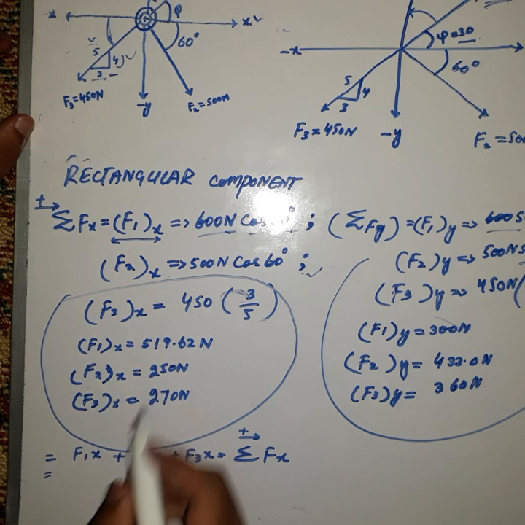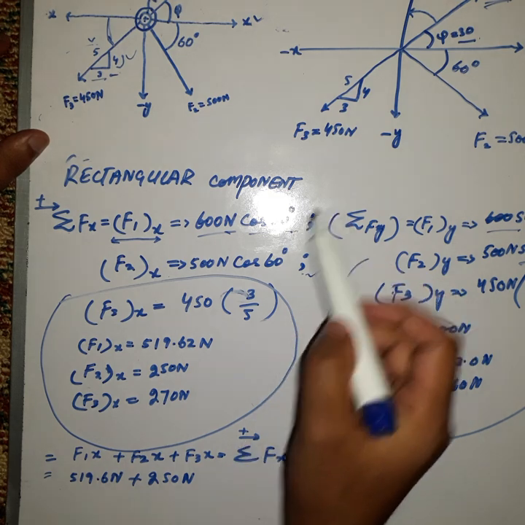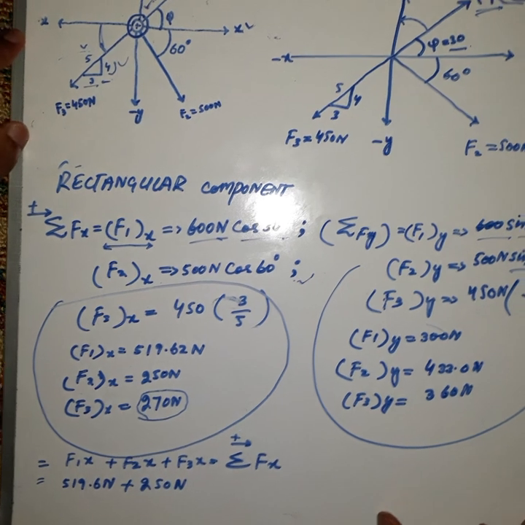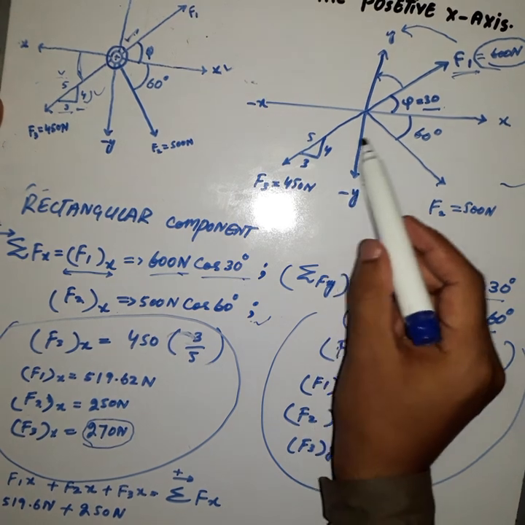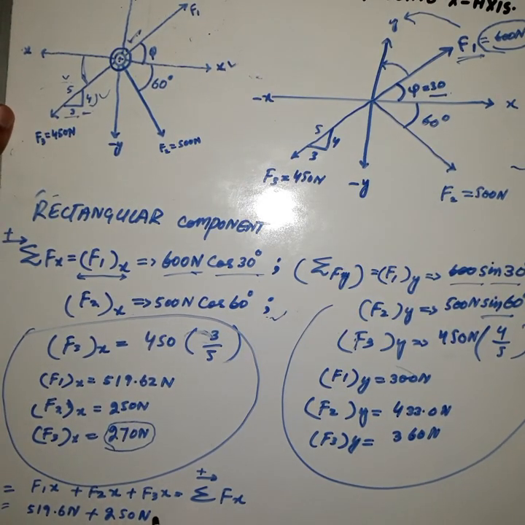F1 of x is 519.62 Newton because it is acting on the positive x-axis, and F2 is also acting on the positive x-axis. But this would not be plus 270, it would be minus 270 because this force is acting on the negative x-axis. That's why we will use minus 270 Newton.